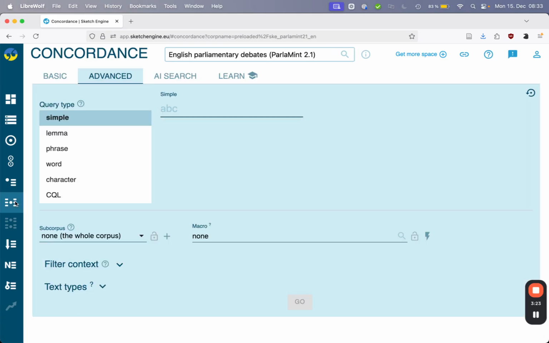I can do that in the concordance lines, as we've seen before. I can now select the SNP subcorpus, and I can now conduct searches only in this small proportion of the corpus. So for example, I could now look at the word Brexit.